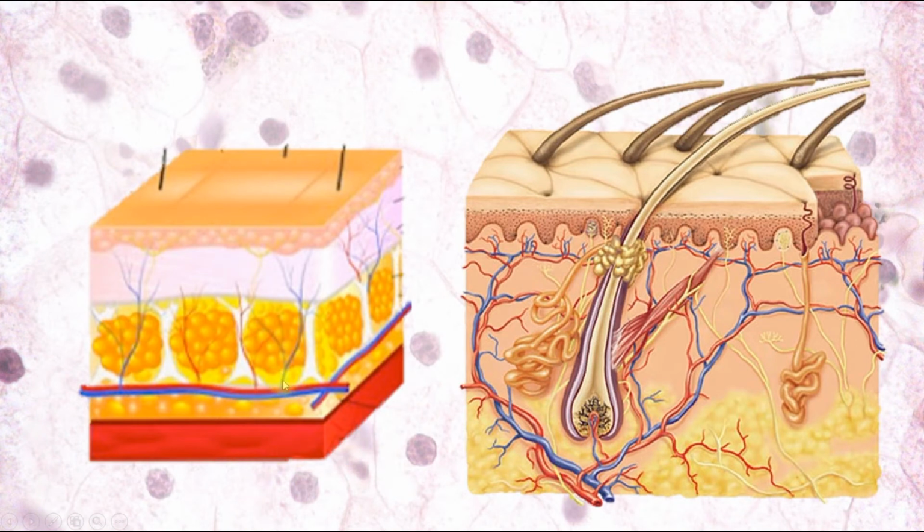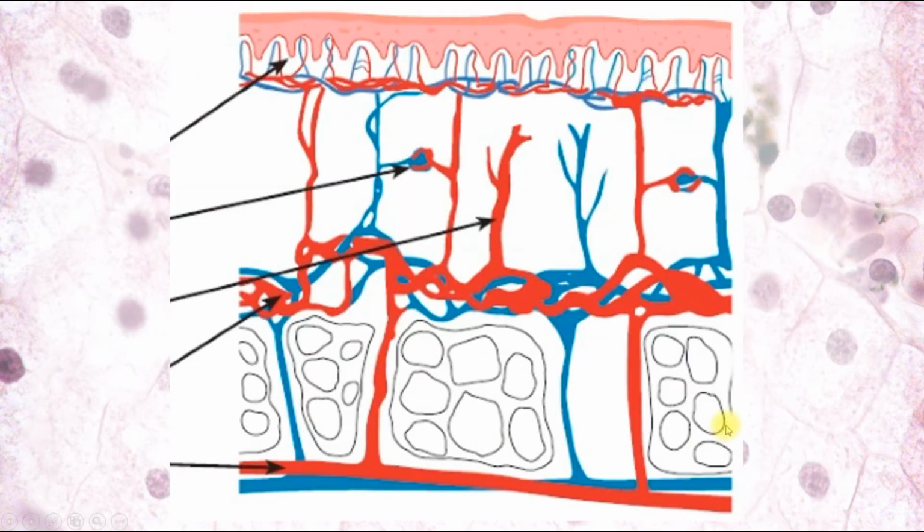The hypodermis is composed of white adipose tissue, and there are septa composed of connective tissue which divide this adipose tissue into lobules. This adipose tissue has very good blood supply, and it provides thermoregulation and also mechanical protection of underlying organs and tissues.